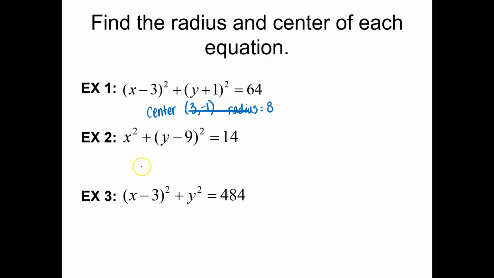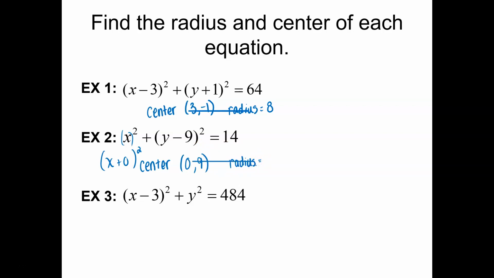Okay. Maggie, what about the center for number 2? It's a little trickier because there's nothing over here with the x. What could we add there inside of the parentheses that would not change that value? 0. So it's going to be a 0. And then what's the y coordinate? 9.